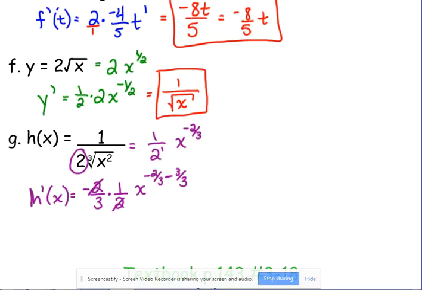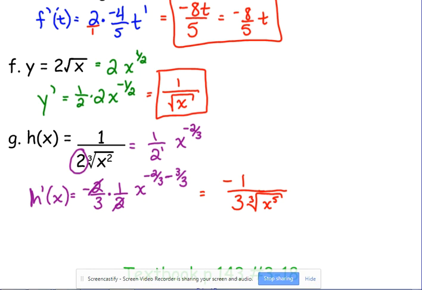So we've got negative 1 over 3. When we subtract those exponents, negative 2/3 minus 3/3 is negative 5/3. So let's put that in the denominator. So it's the cube root of x to the 5th. To get rid of the negative exponent, we put it in the bottom. Power of a root, it was 5 over 3, so power of 5, root of 3.